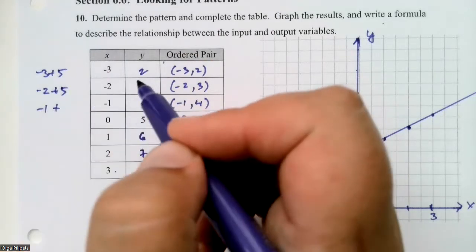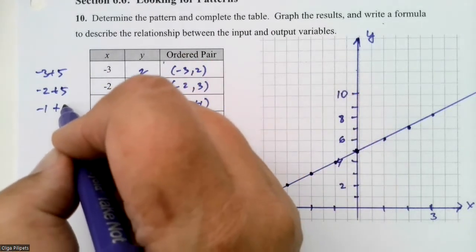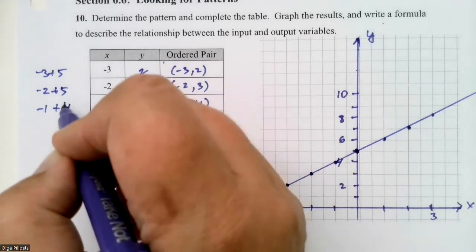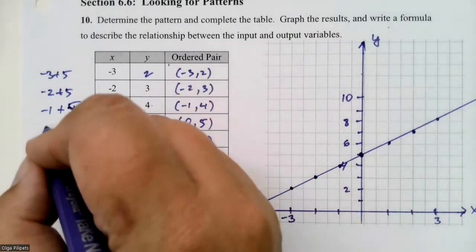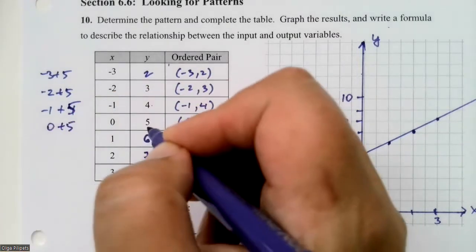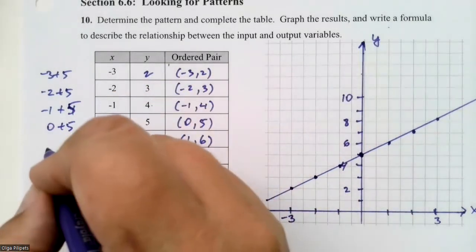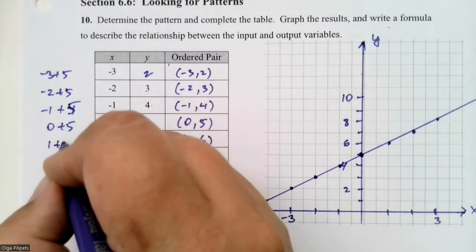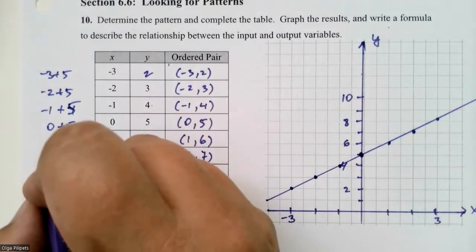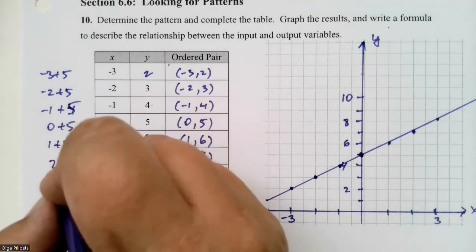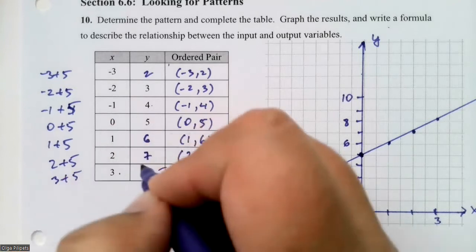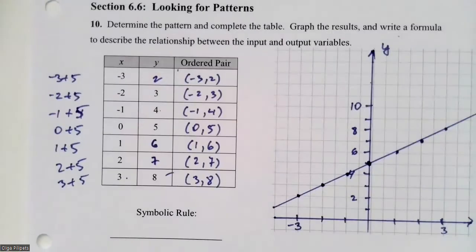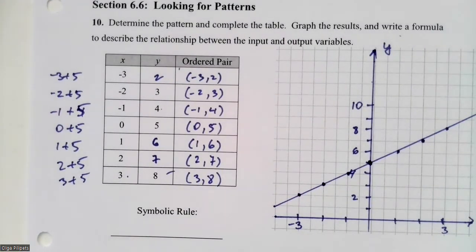Does negative 1 plus 5 give me 4? The answer is yes. What about 0 plus 5? Am I going to get my y? Yes. Okay. 1 plus 5, 6. 2 plus 5, 7. 3 plus 5, 8. So this plus 5 works for all of my x and y values.